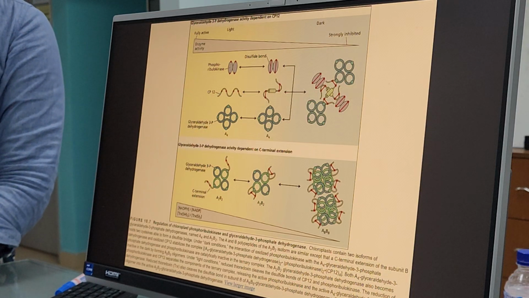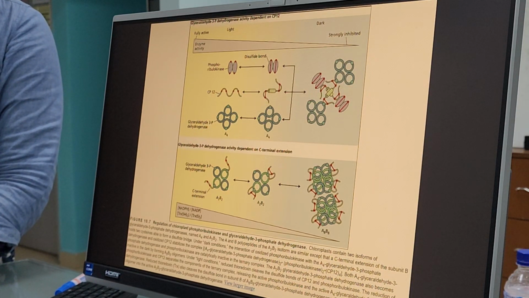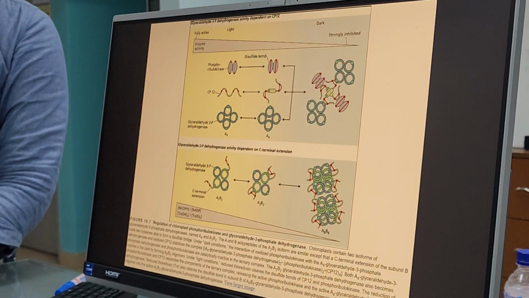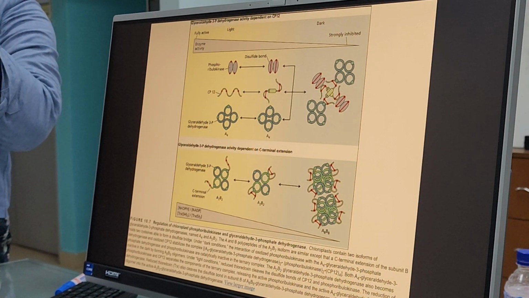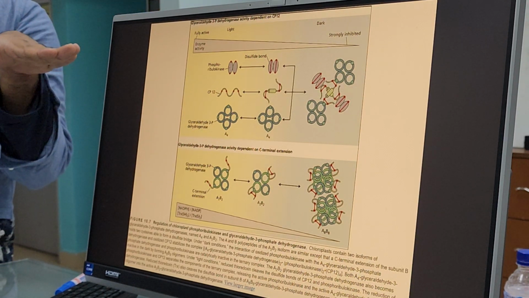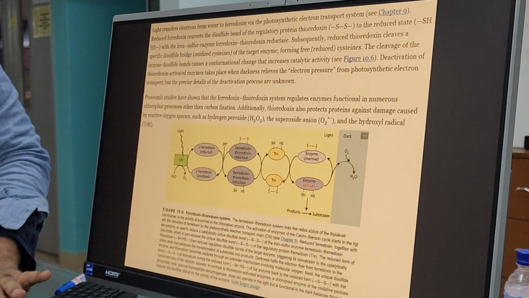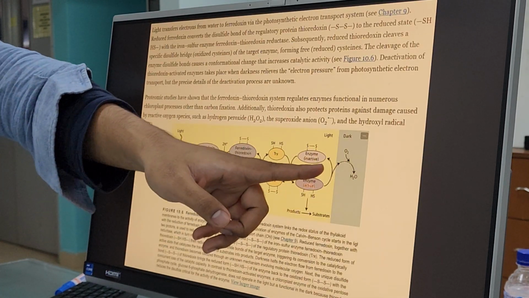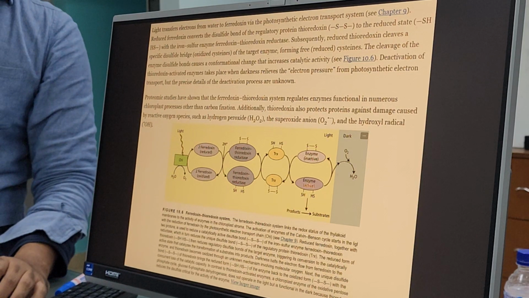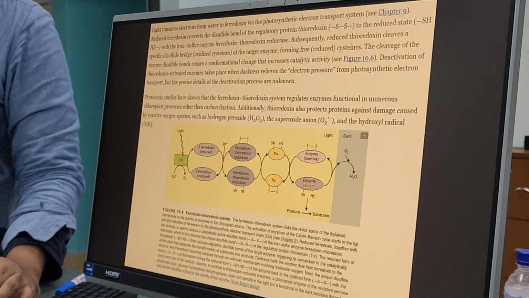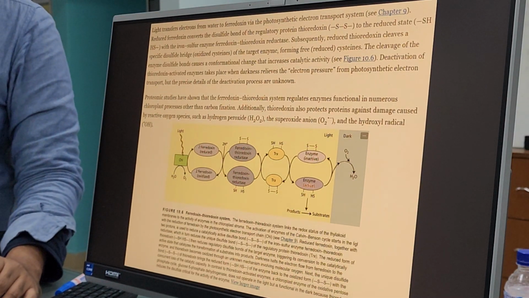Tadi you learn light is used to activate the thioredoxin, right? Then actually I didn't tell you, but I'm very sure dalam notes tu ada. The way this thing happens is dekat hujung ni, this enzyme has residue amino acid like cysteine.